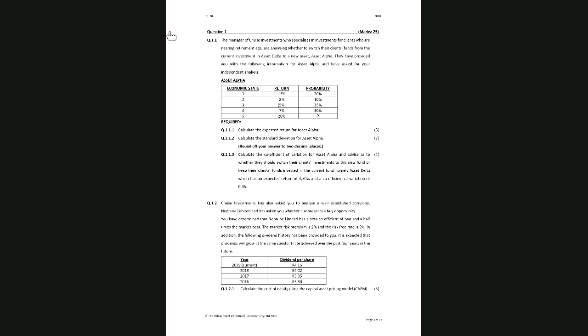And what will you put in there? What will the probability for that economic state number 5 be? You can just type it into the chat box.